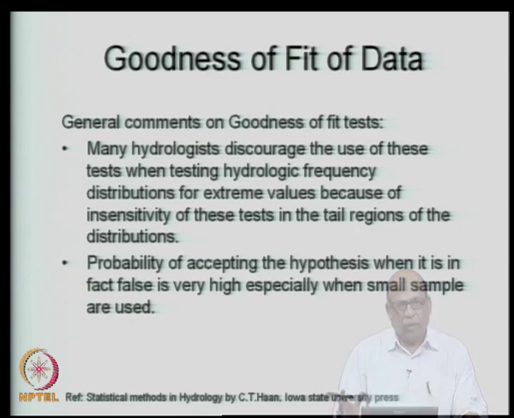Now, there are two goodness of fit tests that we discussed. One is the chi-square test and another is the Kolmogorov-Smirnov test. When we are dealing with the middle range of the observations, let us say you are talking about monthly stream flows and then you want to plan for a reservoir for water supply and so on, essentially you are interested in the middle range of the distribution.